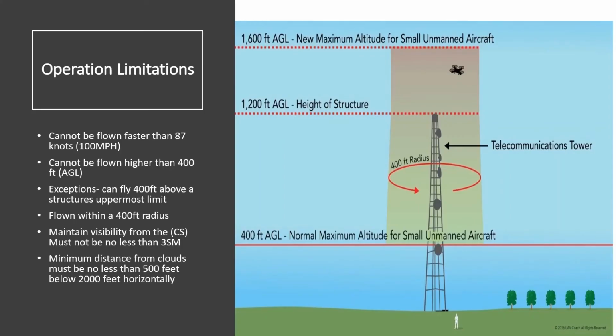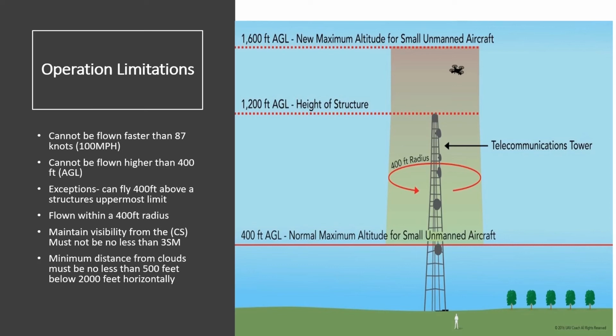When you're flying a UAS, you are limited in altitude. The drone cannot be flown faster than 87 knots, which is 100 miles per hour. It cannot be flown higher than 400 feet AGL, which is above ground level. Unless, let's say we're inspecting a cell phone tower. If that was the case, you're able to fly 400 feet above that tower.